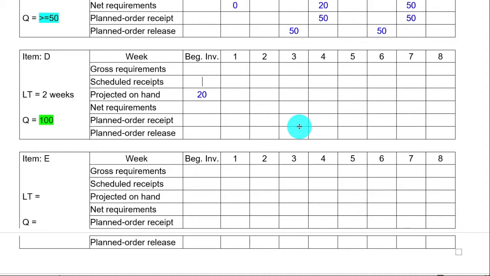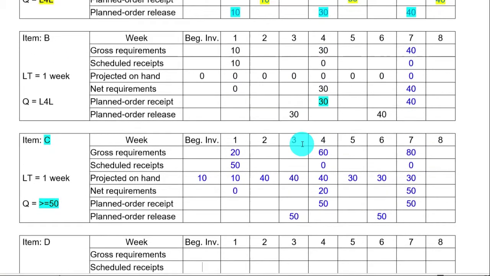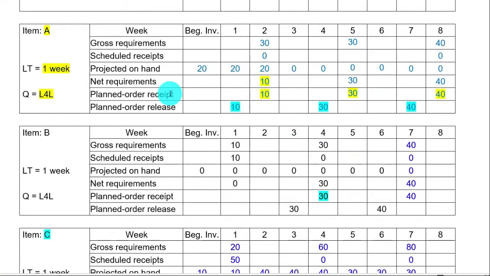Now next, determine gross requirements. We look at both A and C. So look at planned order release of item A. Week 1, 10, week 4, 30, week 7, 40.